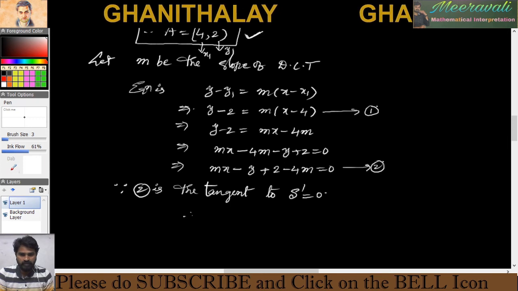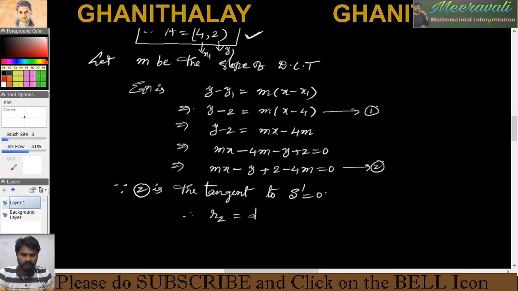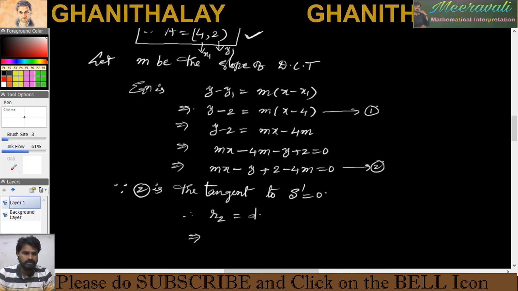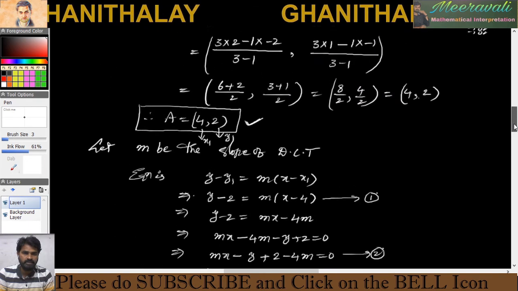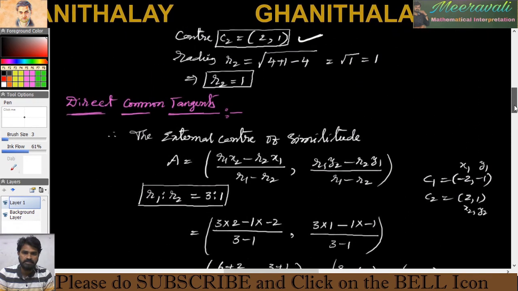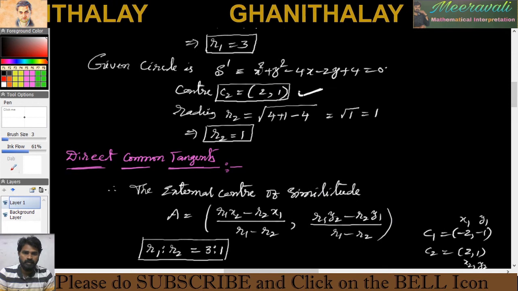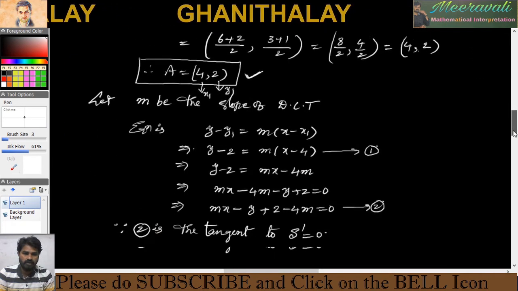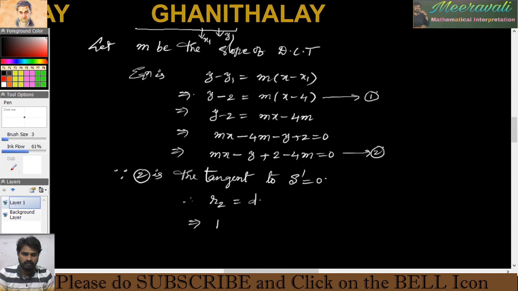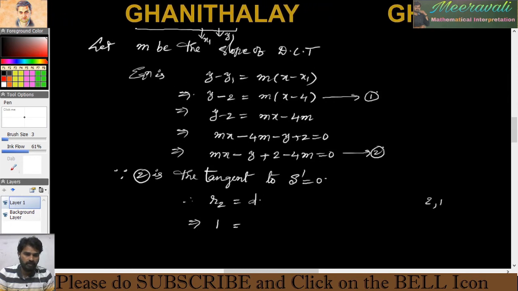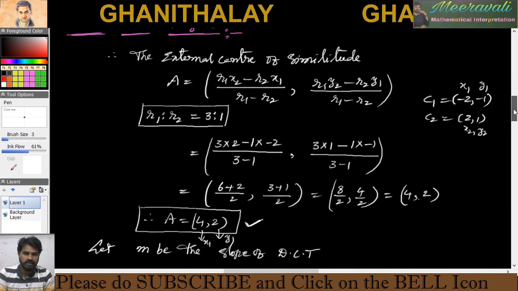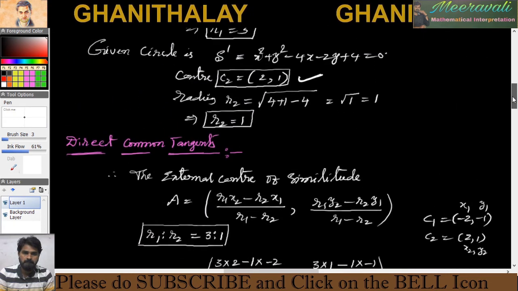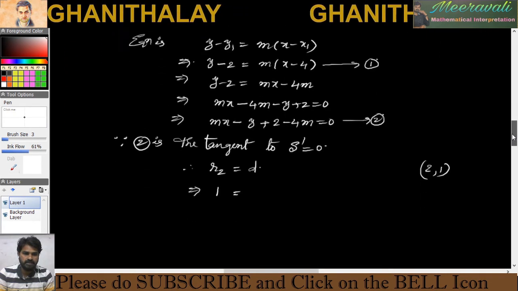So therefore the property is r2 is equal to d. So r2 means second circle. Center also we have to use the second circle. What is the second circle center? 2, 1, radius 1. Okay, so r2 is 1 and the center here is 2, 1. This is the second circle center.